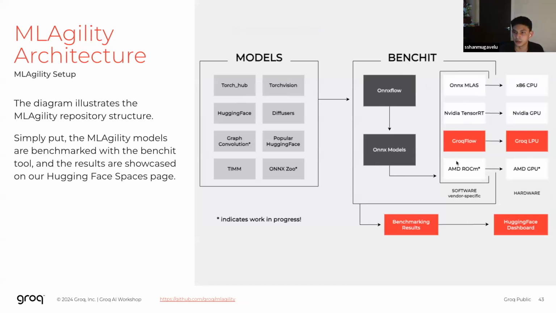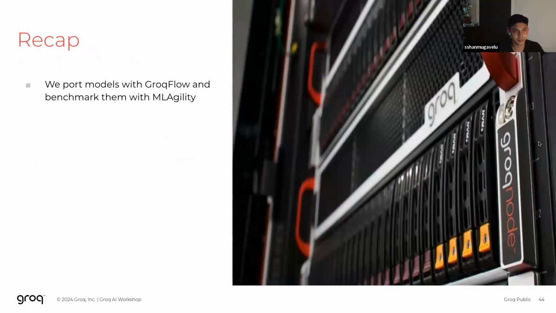And you can choose a target. The target includes the runtime. This could be an optimized runtime, for example, TensorRT, or it could be ONNX Runtime GPU or the vanilla PyTorch runtime. And that could target, for example, the CPU, the GPU, or you can use GroqFlow to target the LPU. All right. So as a recap, we port models with GroqFlow and we benchmark them with MLAgility.